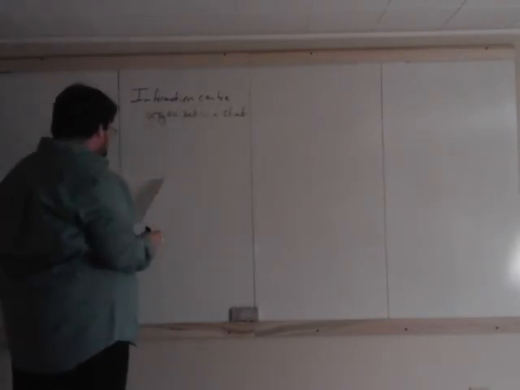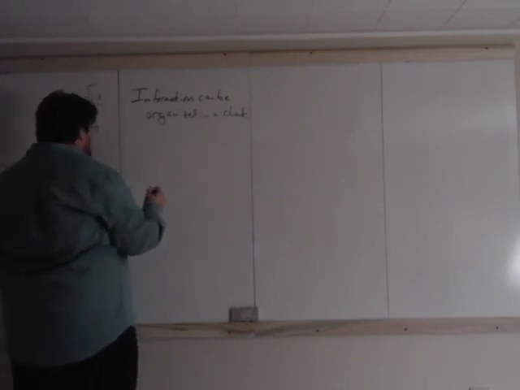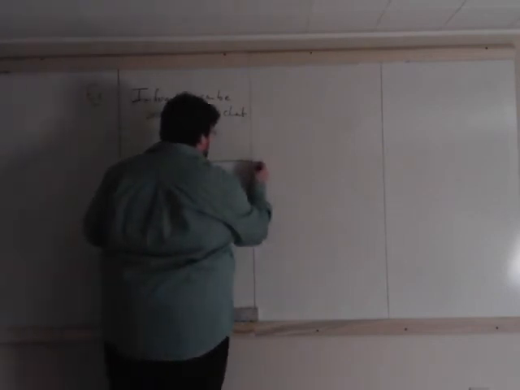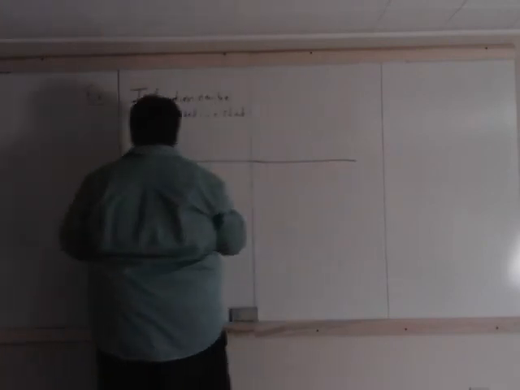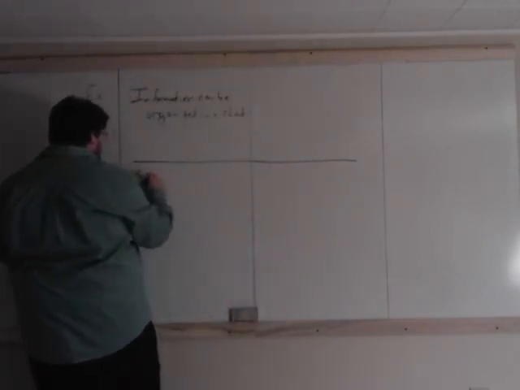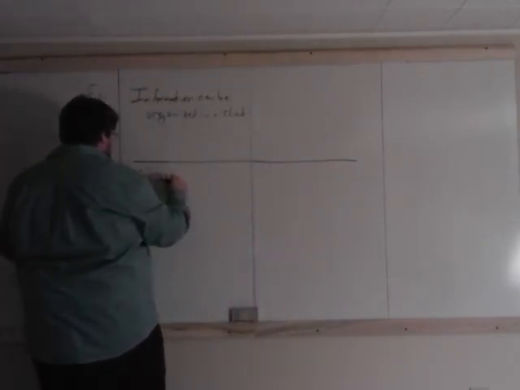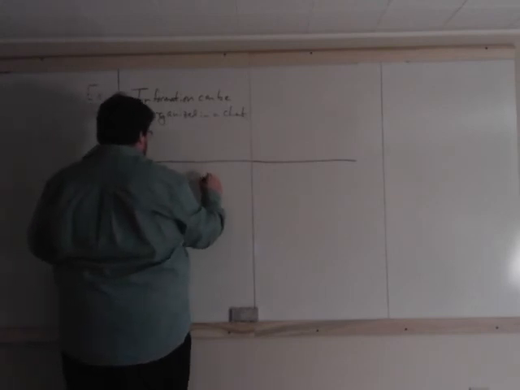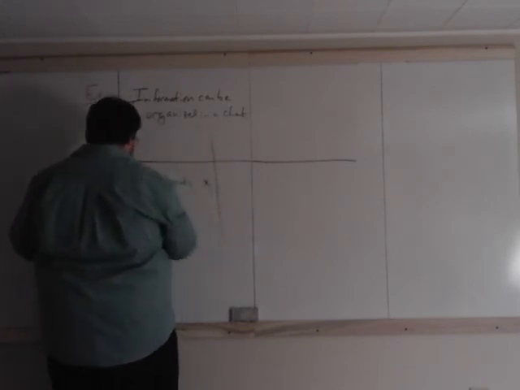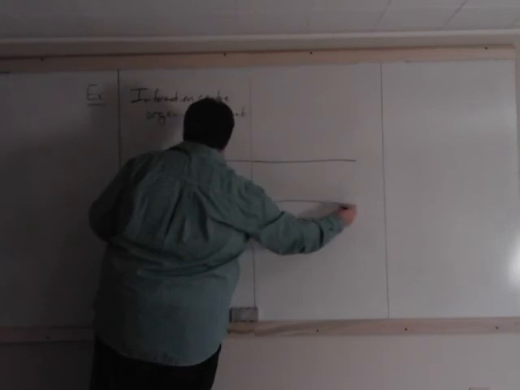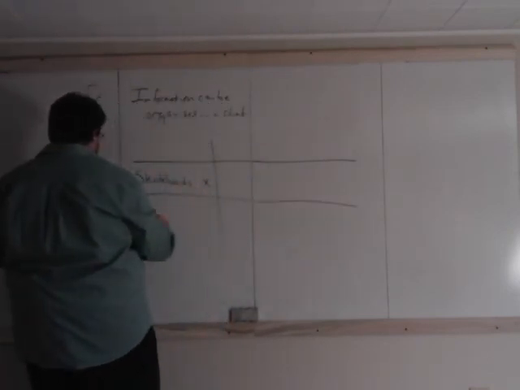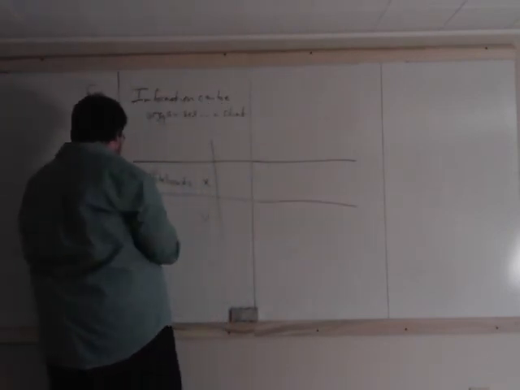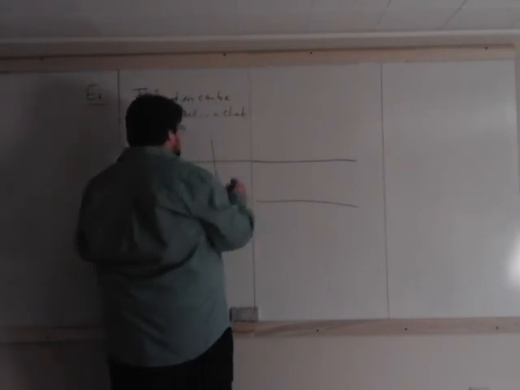And what kind of chart? Well, let's make it look like this. Skateboards, we'll say, are here, and we'll call them X. Dolls, we'll say, are here, and we'll call them Y. And let's just list our constraints and our profit.